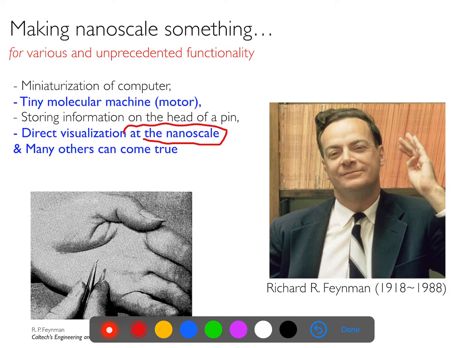But as you already learned, the optical microscope commonly suffers from the diffraction limit, right? What that means is that the focusing of the light, which is required for imaging, is highly limited to half of the wavelength, right?